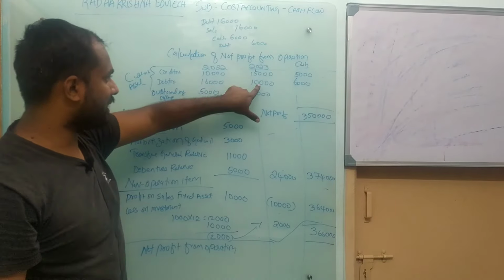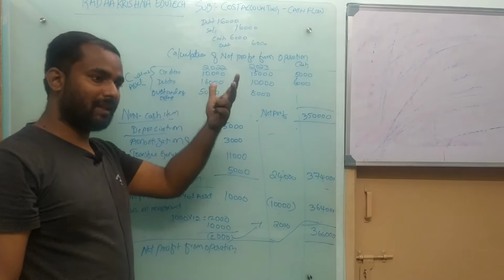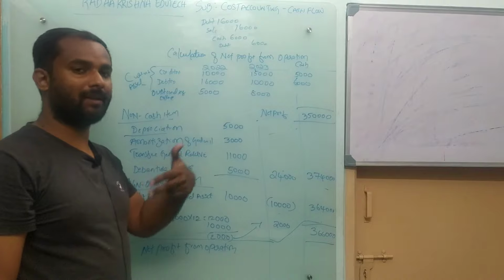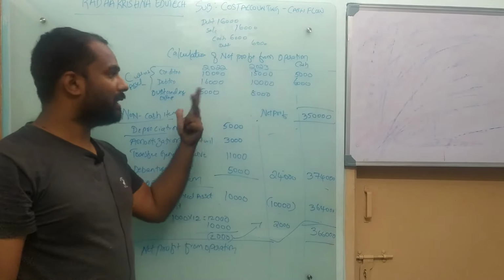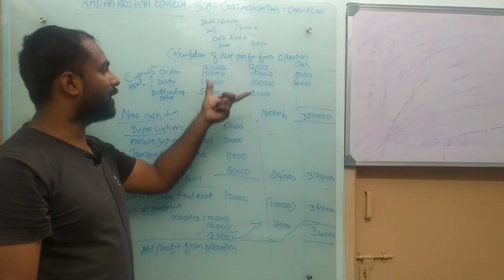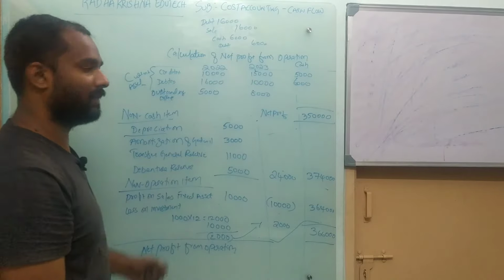So when there is a decrease in the debtors, I mean when someone is paying me back for the service I have given them, the cash is coming in, so your debtors will decrease and your cash will increase. So that is 6,000 here. Got it, right?